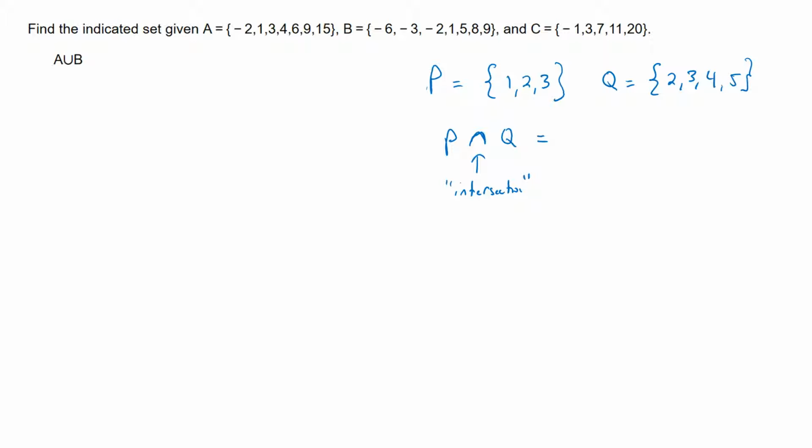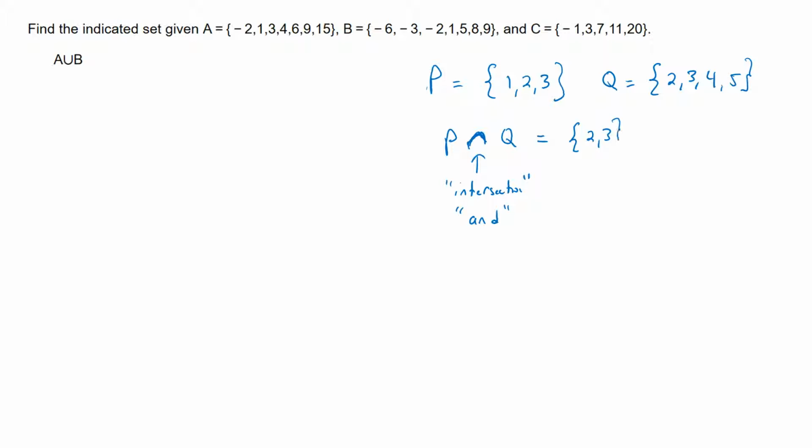It wants me to identify the elements that are in both P and Q. So when we see this upside down U looking thing, we can look at it as the word and. It represents the word and in mathematics. So we want to identify the elements that are in both P and Q, and that contains the numbers 2 and 3.